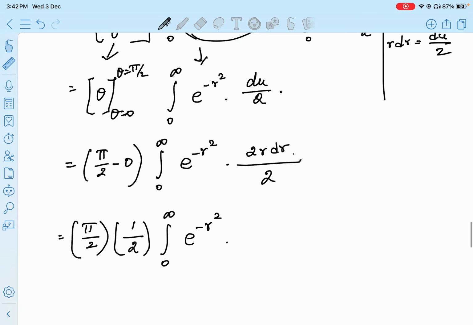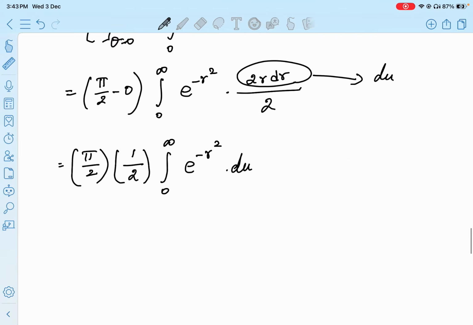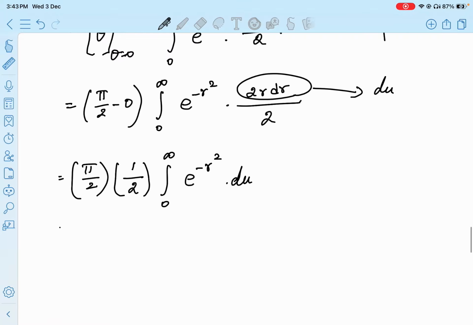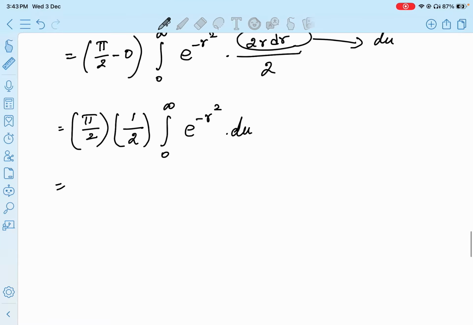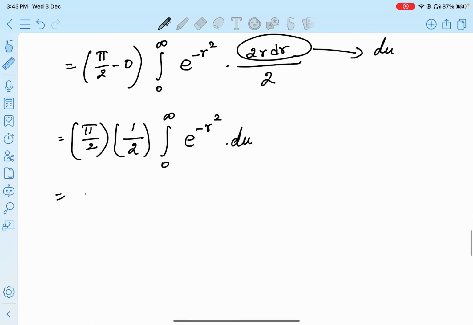So 2r dr can be written as du, and u can be written as r squared.